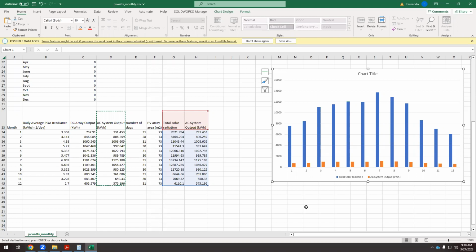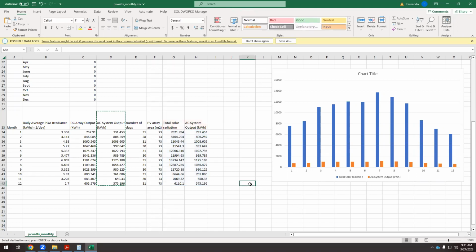Because looking at this, I don't know if I'm designing a zero energy building or not. What I do know is that I can use only 10% of the energy that we receive from the sun, which is fine. But now, what is the percentage of energy that I can cover with this PV array?